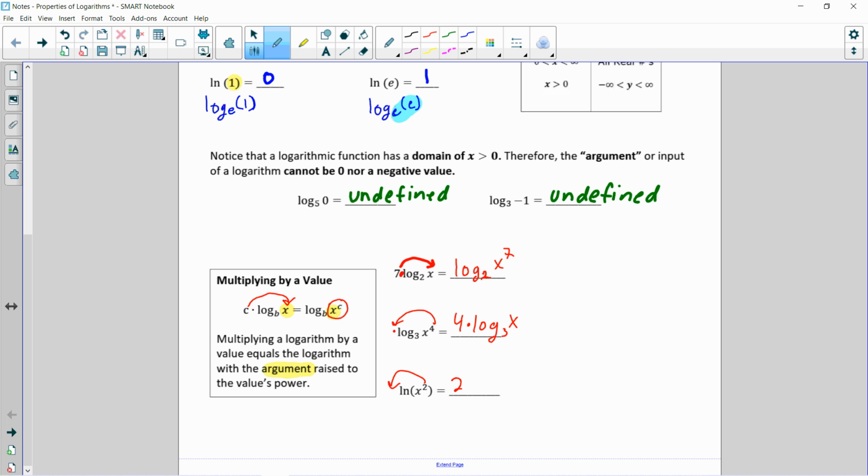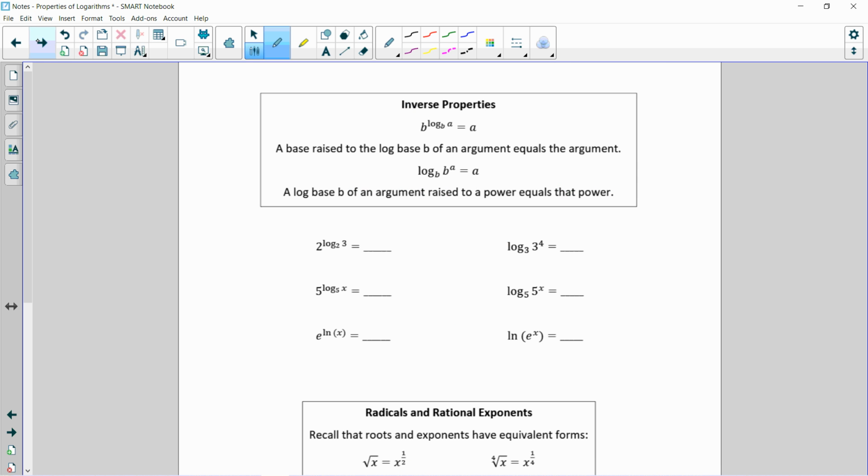And so this would be 2 ln of x. Okay, so now let's put this into action. We're going to get it down to just one value. So here we have some inverse properties, and yet again, it'll tie back to what we were just talking about.